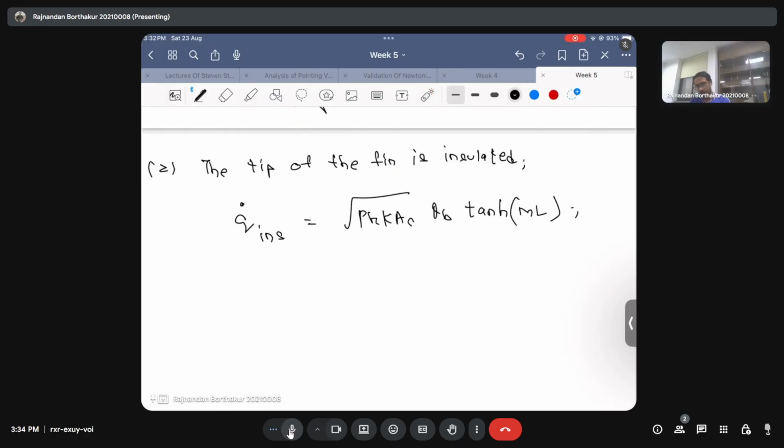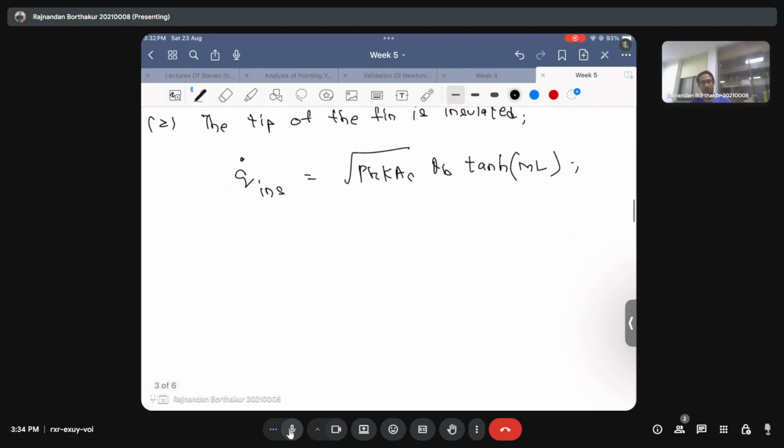Additionally, you have seen another two important things. The first one is known as fin effectiveness, and we will denote it as epsilon f.